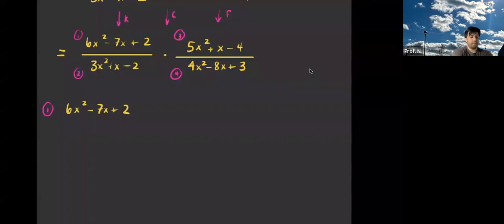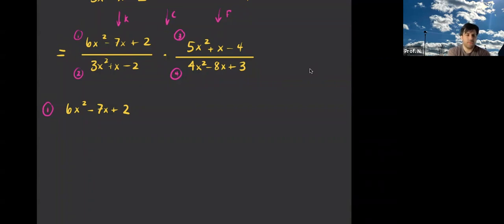Where do we start? Anybody can give me the first step? You can factor by grouping. Yeah, we have to factor by grouping, but how do we get there?